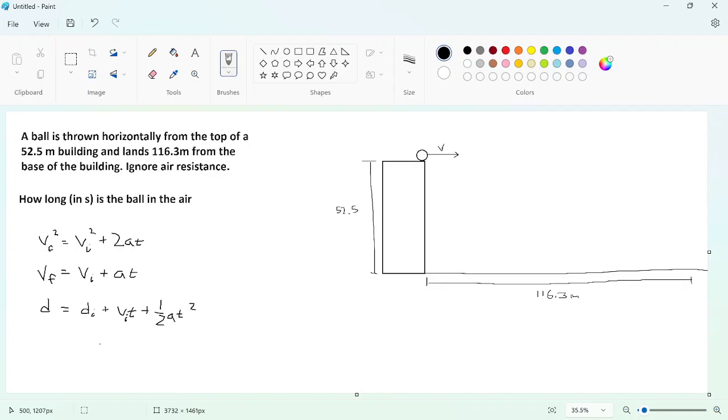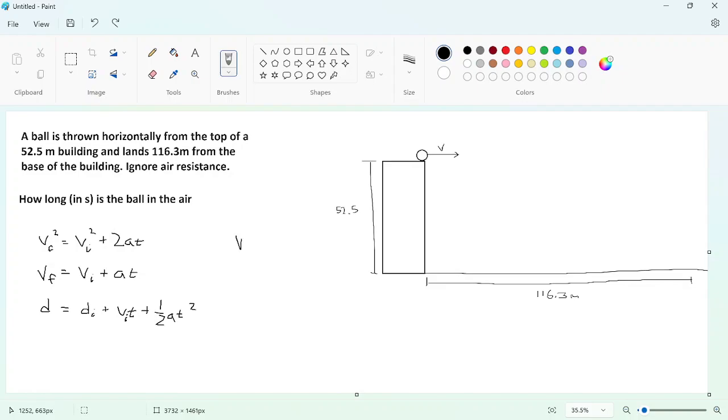So we need to figure out how long it will take this ball to fall to the ground with its given height and its given initial vertical velocity. What is its initial vertical velocity? If the ball is thrown horizontally, it has no initial vertical velocity, vertical being up and down. It does have a horizontal velocity because it's thrown horizontally, but it's not moving vertically initially.